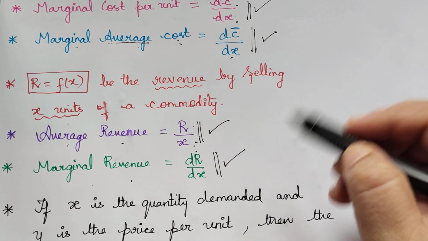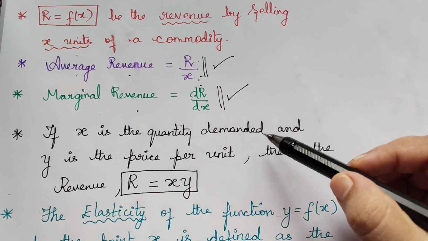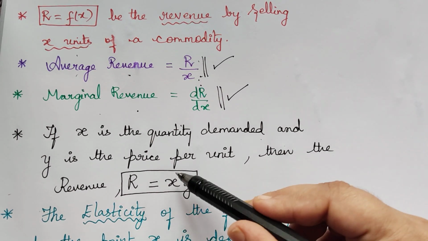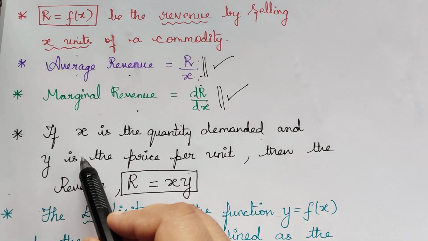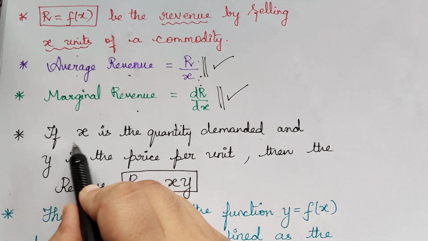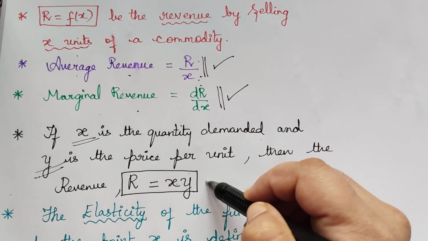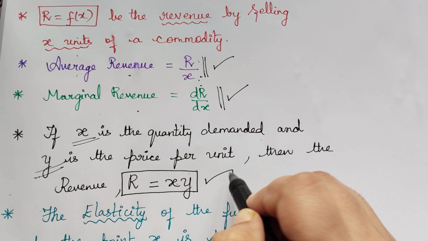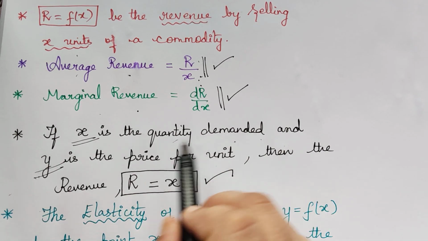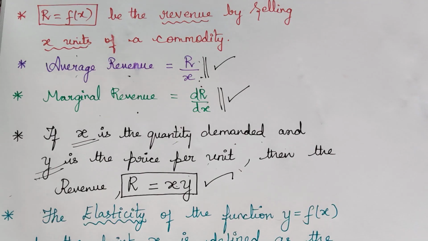So these formulas you have to remember. Also, if x is the quantity demanded and y is the price per unit, then the revenue will be x multiplied by y. This is how we calculate the revenue whenever we have the quantity demanded and the price per unit.